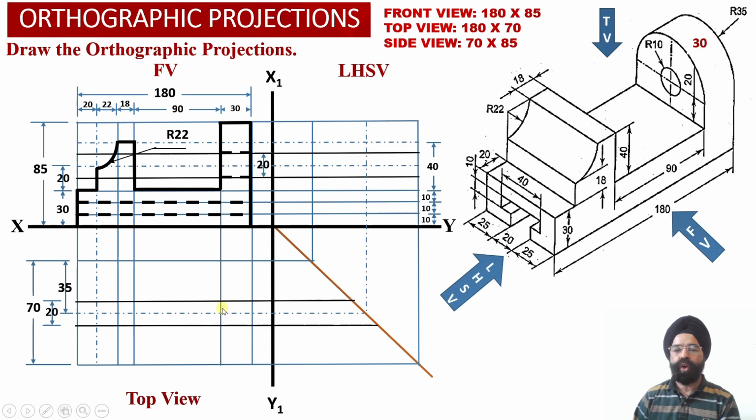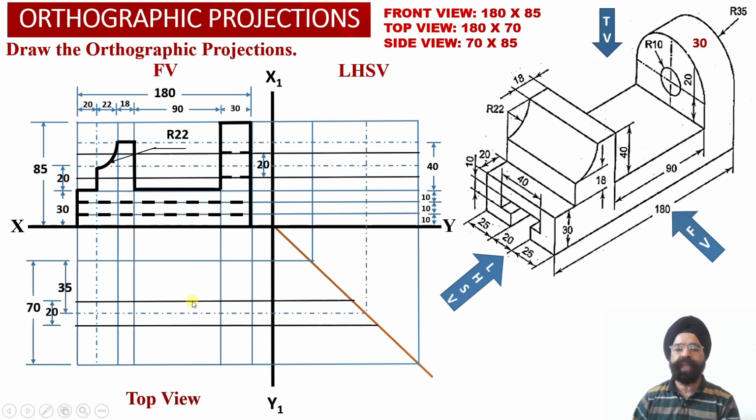So corresponding to the circular hole and the base of the T slot, we have obtained two horizontal black projector lines in the top view projection, such that each one of these two black projector lines will be drawn at an offset distance of 10 millimeter from the center line.